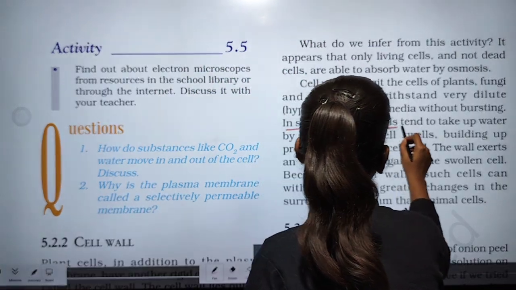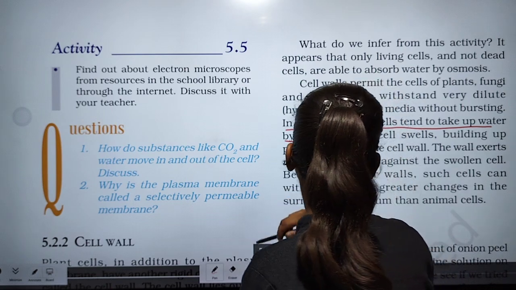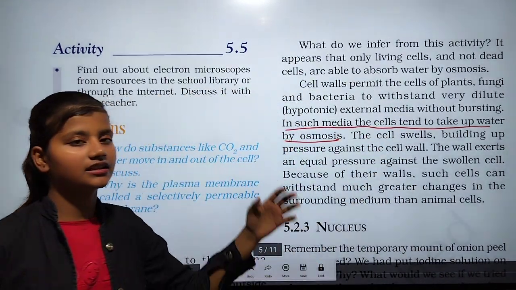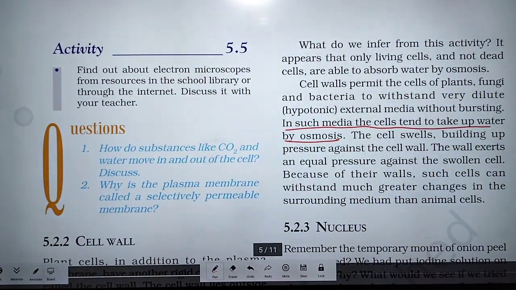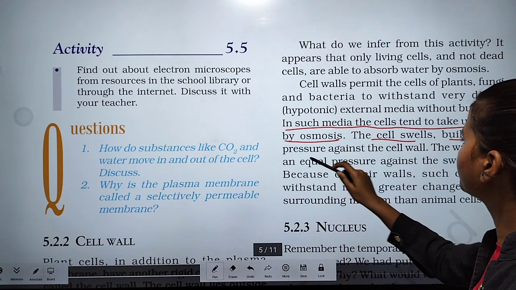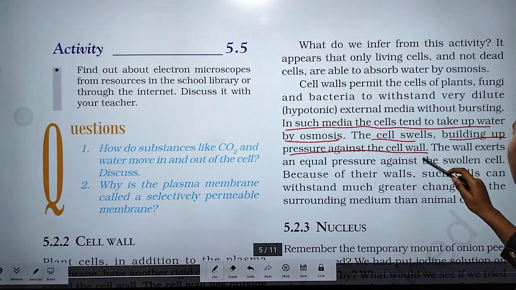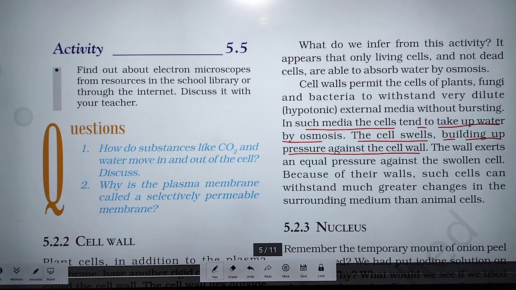In such media, the cell tends to take up water by osmosis. The cells will build up pressure against the cell wall.